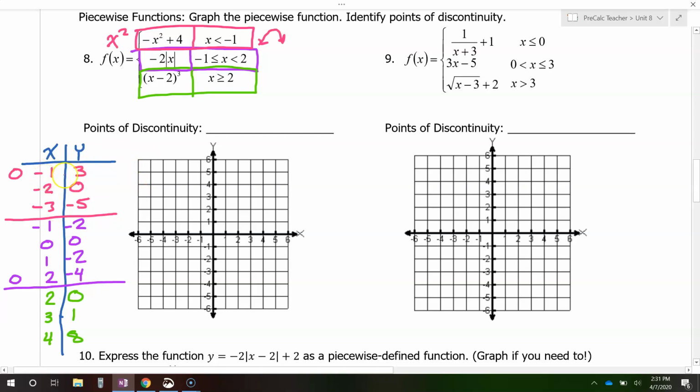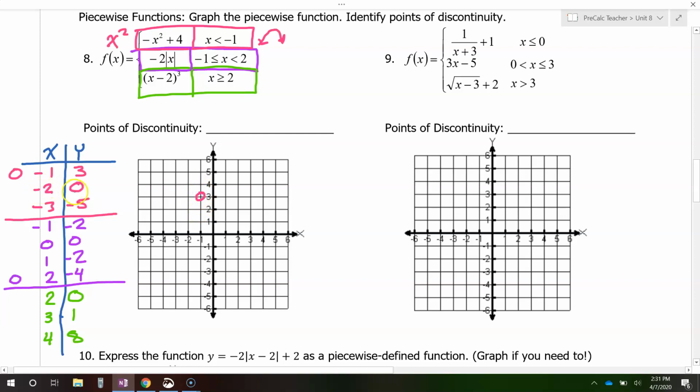Okay, so -1, 3. All right, -1, 3 would be right here. This is reminding me to make this an open circle. So let me just erase that little dot. Okay, -1, 3, open circle.